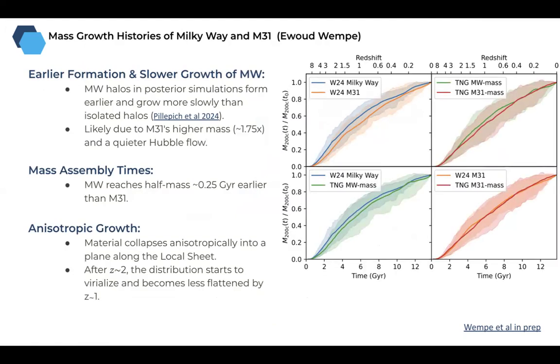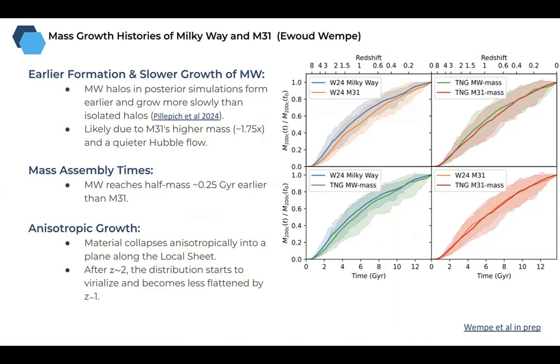We can study a lot of things from these reconstructions, like mass assembly histories. We can see if the growth is anisotropic, and we can look in lots of detail at these particular things. In particular, in comparison to just standard simulations, we often find that in our reconstructions, the Milky Way forms a little bit earlier and grows more slowly in comparison to a random simulation.